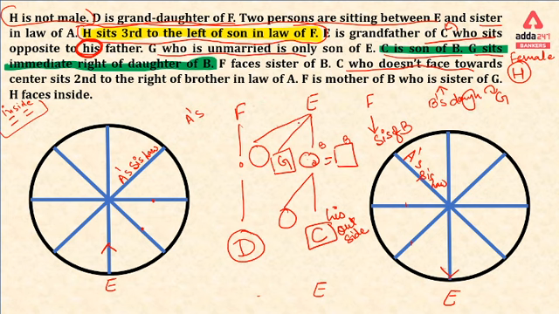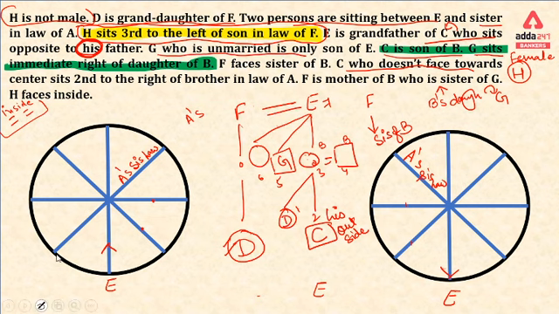So here we can see that 1, 2, 3, 4, 5, 6 and 7. There are only 8 members in the family. So we can see that F and E are the married couples, and they both are having, like this, as F is having a granddaughter. So D will be arranged here.